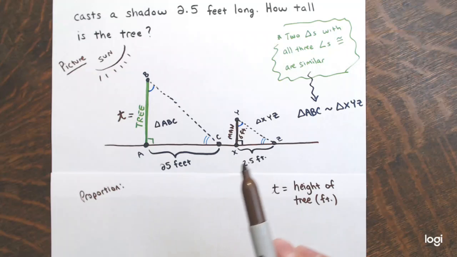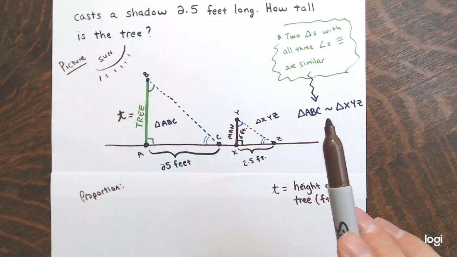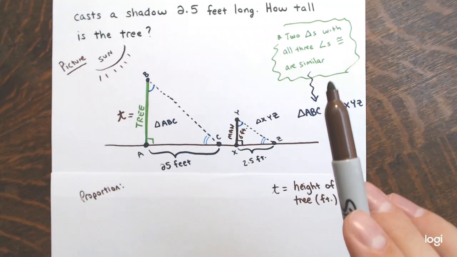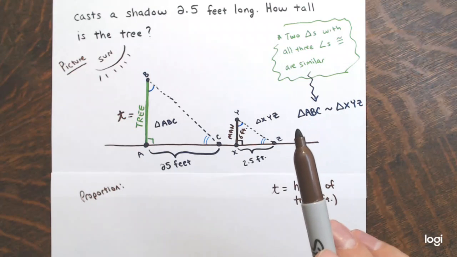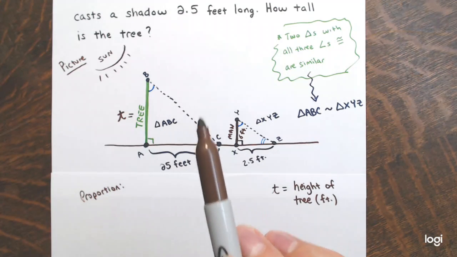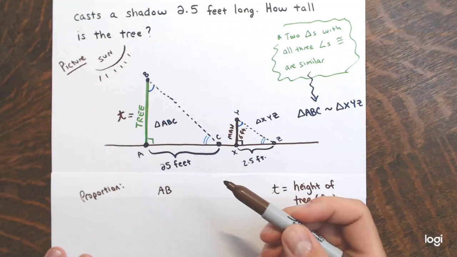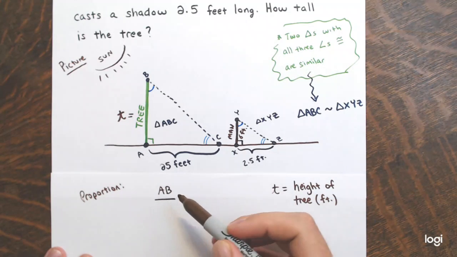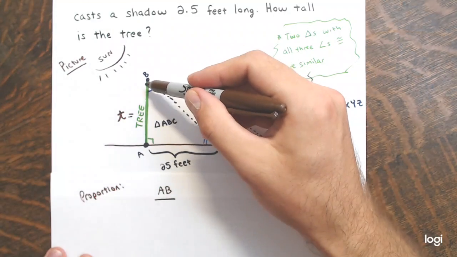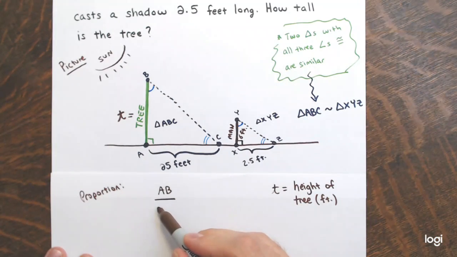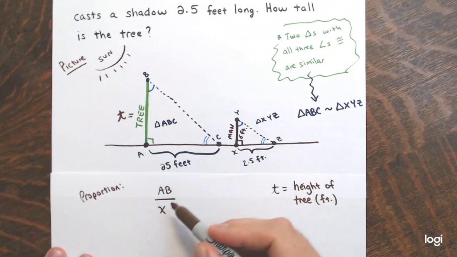Alright, so now, noting the way I name my triangles, they are similar, right? Because all three angles are congruent. And the height of the tree is length AB, right? And then AB in this triangle here should correspond to length XY in the smaller triangle with the man.